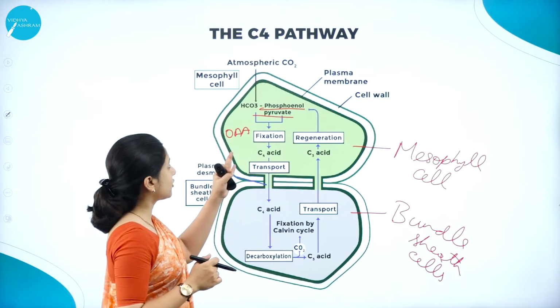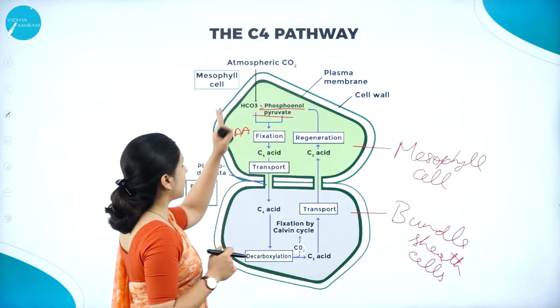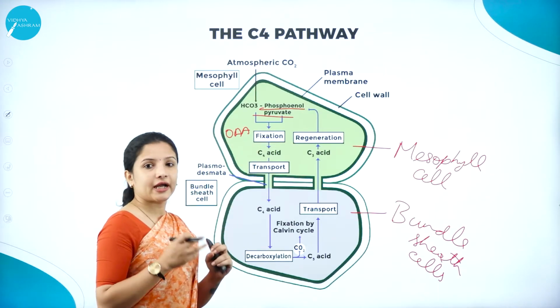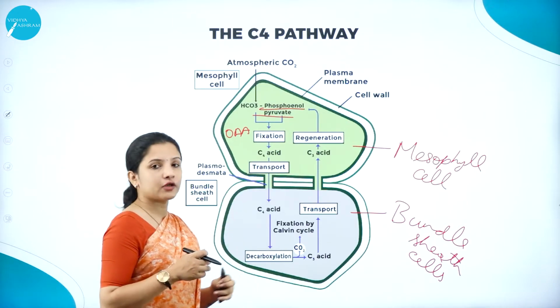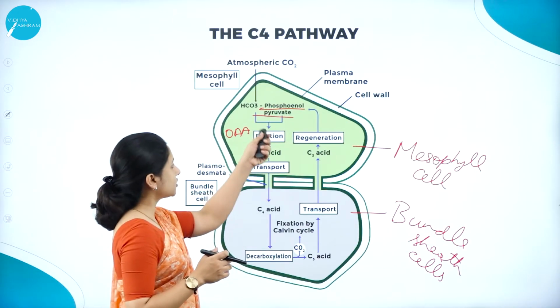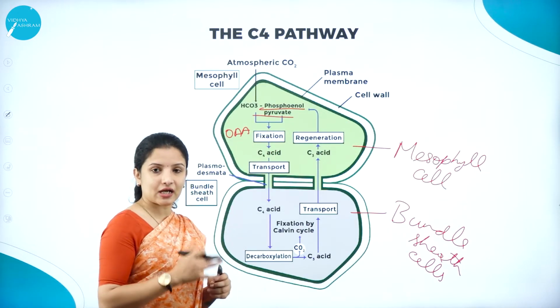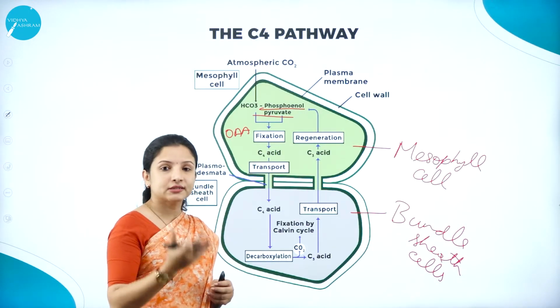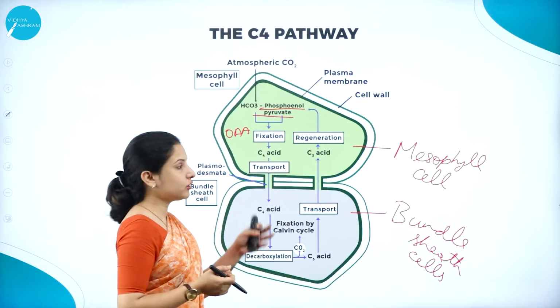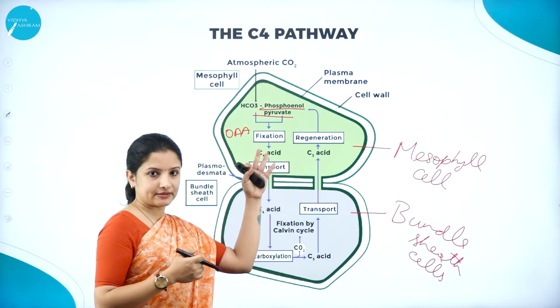But in the case of this pathway, the atmospheric carbon dioxide is assimilated by phosphoenol pyruvate, which fixes the carbon dioxide and converts it into a stable 4-carbon compound, oxaloacetic acid.